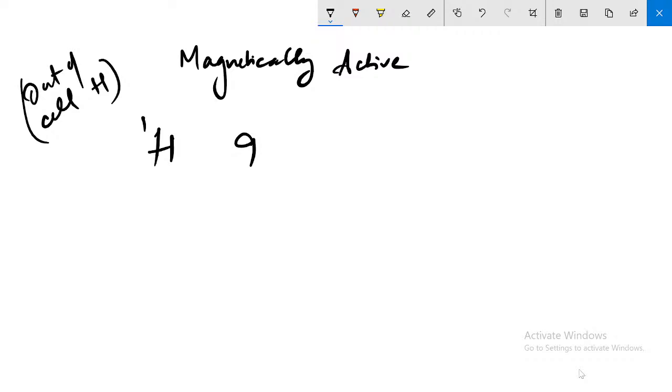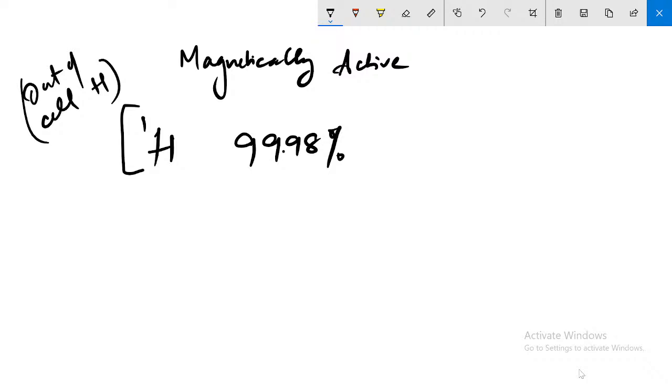H1 is about 99.98% in nature, and deuterium or tritium can also be there in small portions, but most of the hydrogen is in the proton state. So it is the natural abundance of proton.